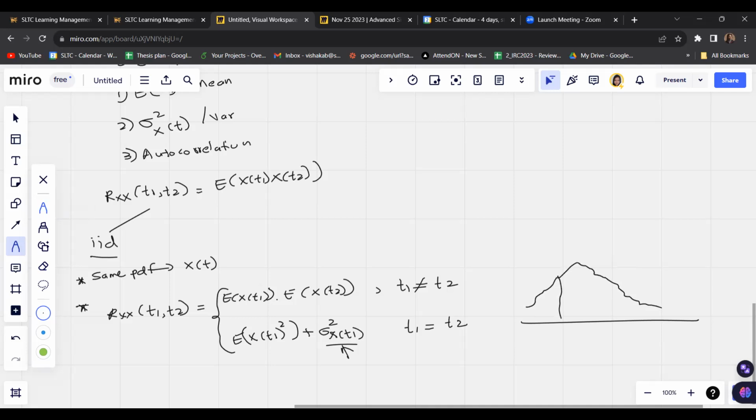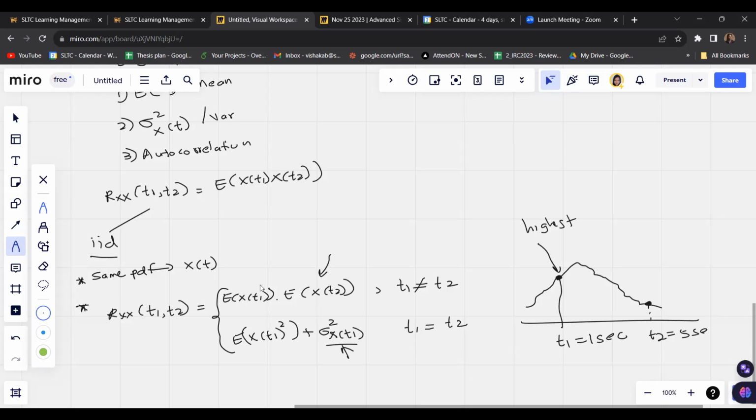If we take, for example, this point t1, which is equal to 1 second, and we find the autocorrelation between t1 (1 second) and again t1 (1 second), then the autocorrelation will be the highest at this point, since the similarity between this point and itself is the highest. Whereas when we take the autocorrelation between t1 and t2, which are two different time instances, let's say t2 is 5 seconds, then the similarity between these two points is very low. So the similarity is low when we consider two different time instances.